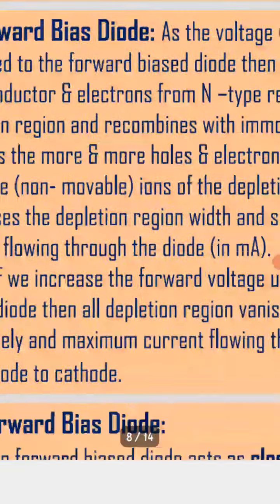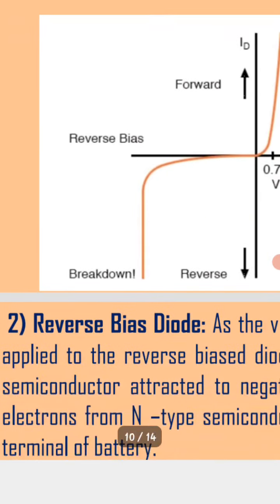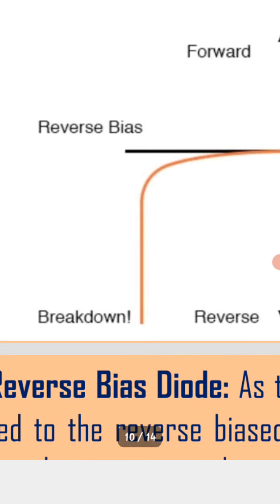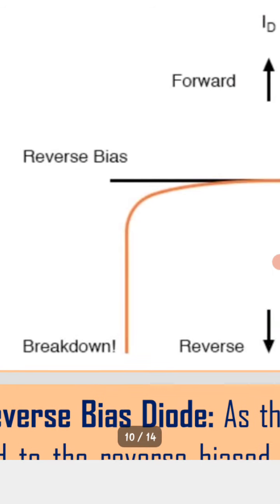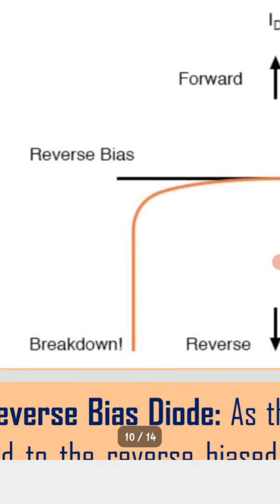So look at the characteristics up to the reverse breakdown voltage, VBR. The current flowing through the diode in reverse mode, or the reverse leakage current, is very small. And when we apply the reverse breakdown voltage, then maximum current is flowing from the cathode to anode due to the breakdown of the PN junction or depletion region.